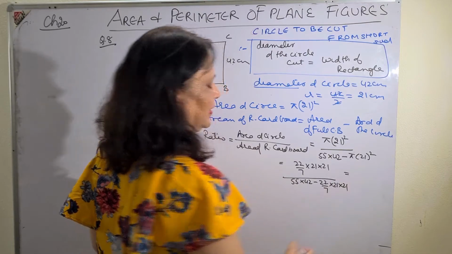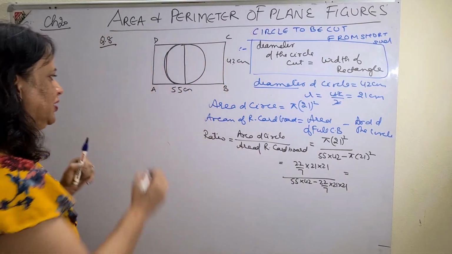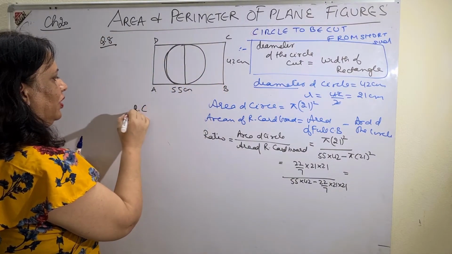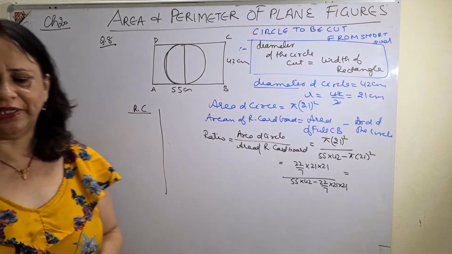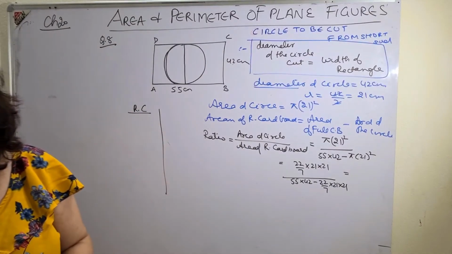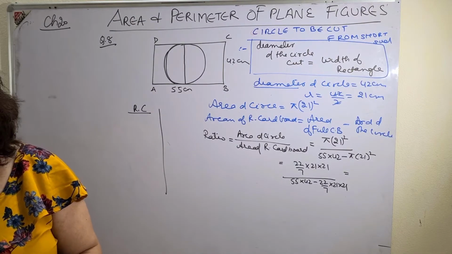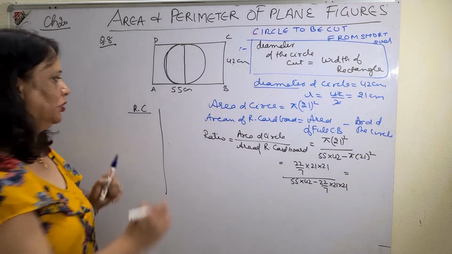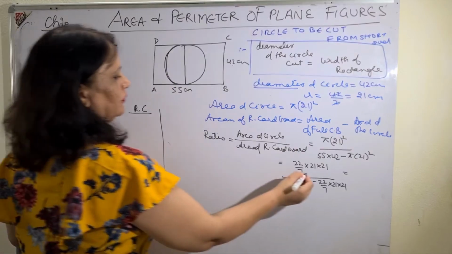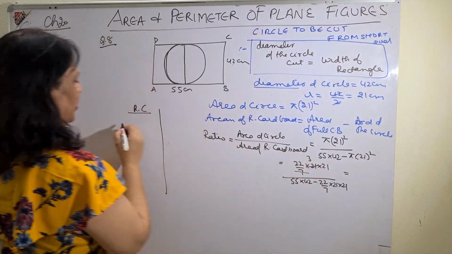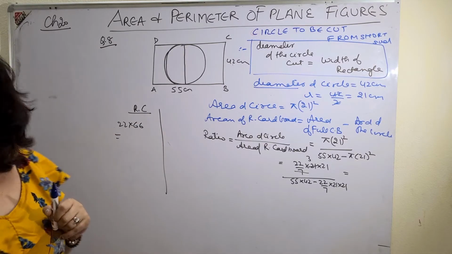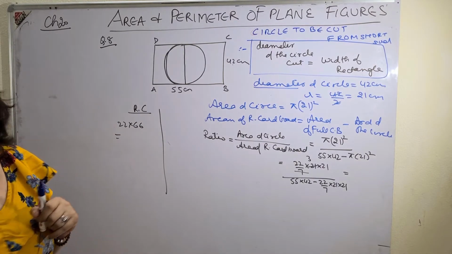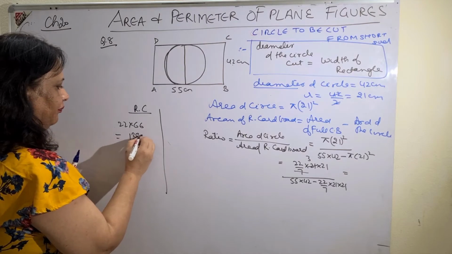It's very simple, children. When you do the calculation, please make use of the rough column. Do all the calculations there and check them twice so that you don't make any mistake. So when I calculate this, 22 into 66, this will be around 1386. So this is 1386.